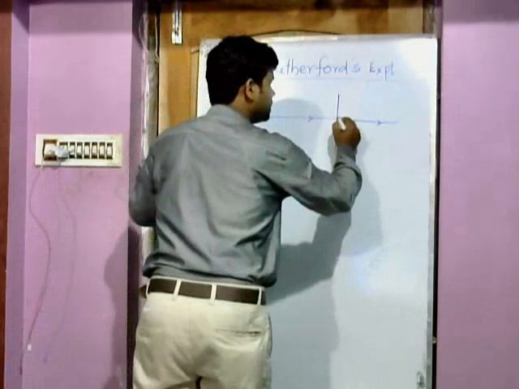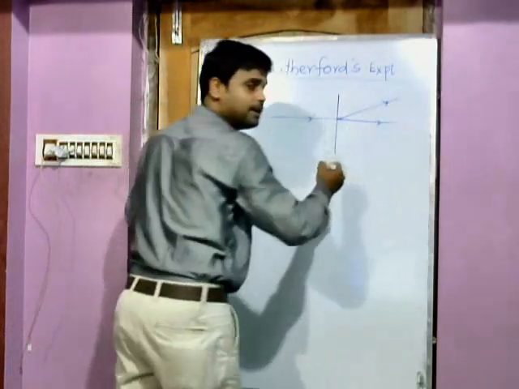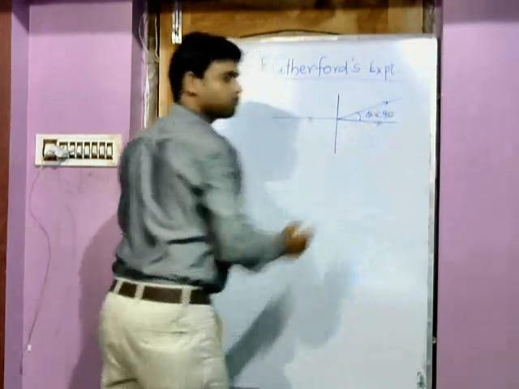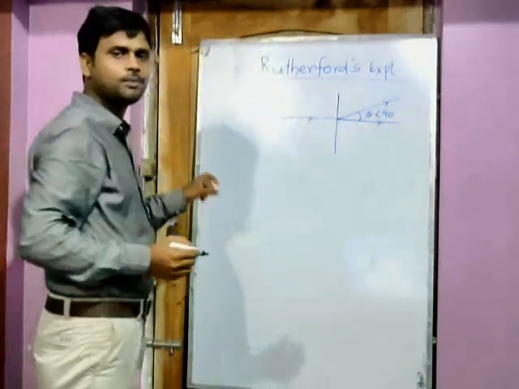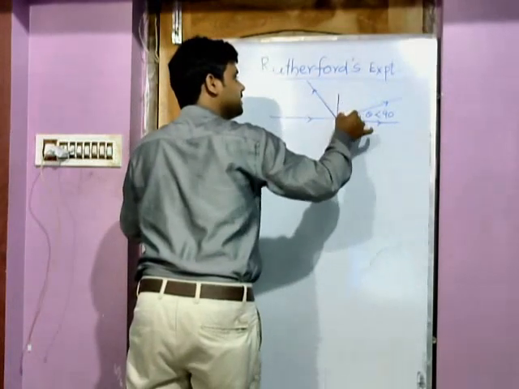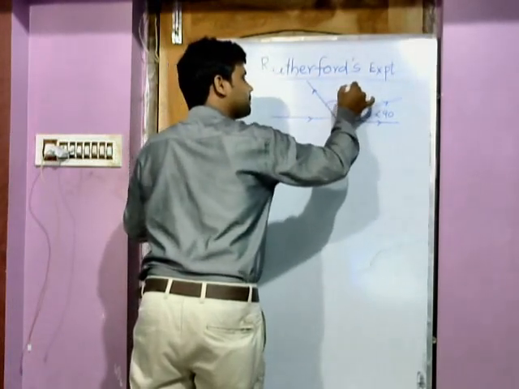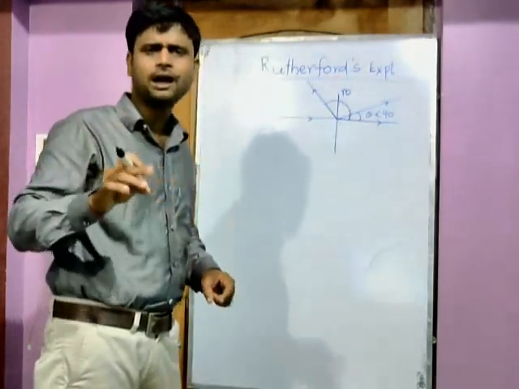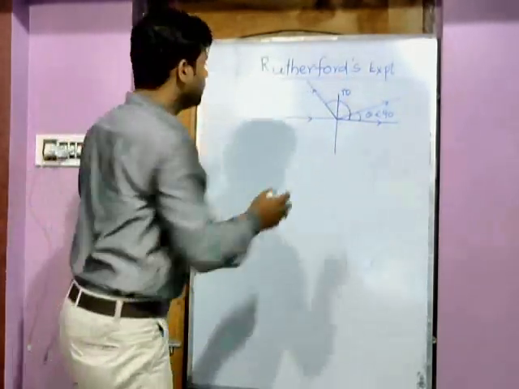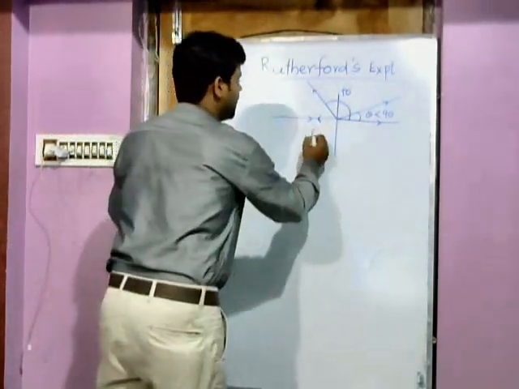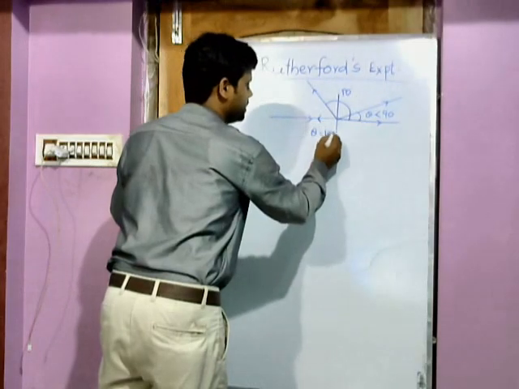Some alpha particles scattered through a smaller angle, that is theta less than 90 degrees. Some alpha particles suffered large angle deviation, that is theta greater than 90 degrees. And a very few alpha particles, 1 out of 8,000, returned back or back scattered, that is theta equal to 180 degrees.